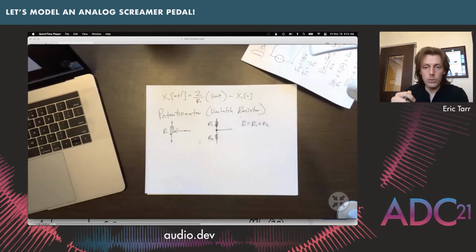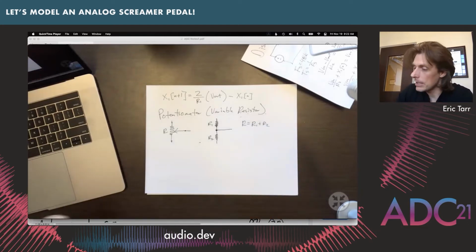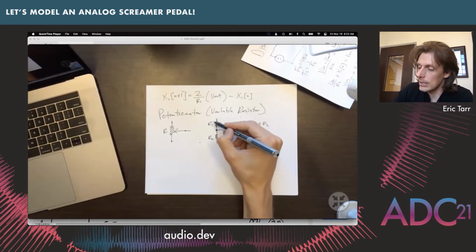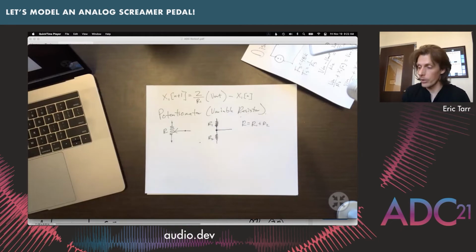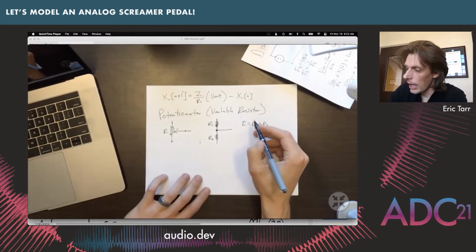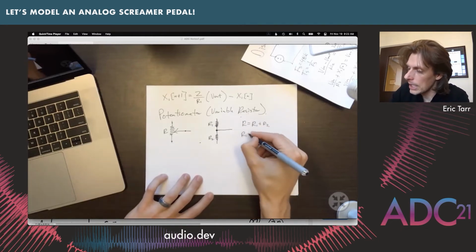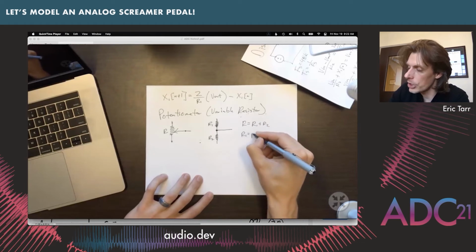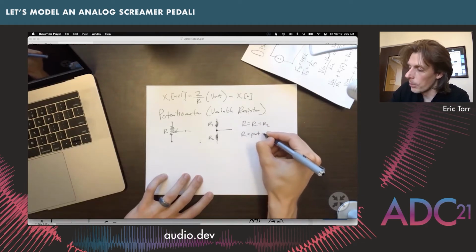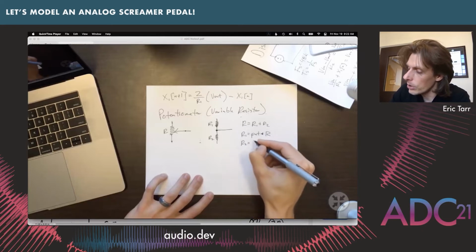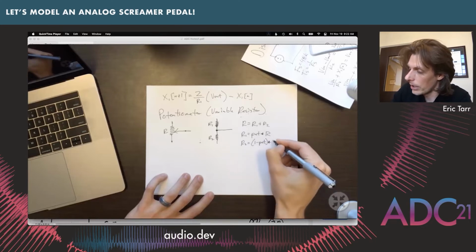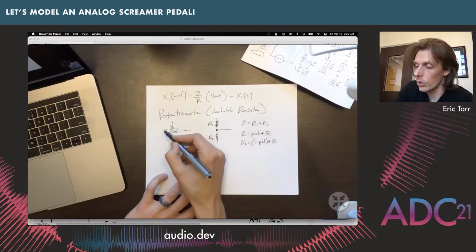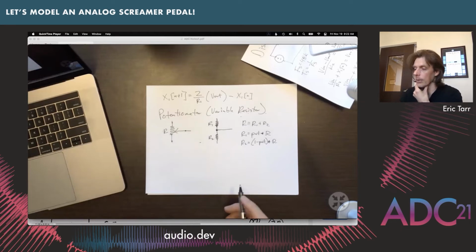Now, what we'll do is we'll have this wiper that changes the resistance of R1 and R2 in a complementary way. So R1 is equal to some value of our potentiometer multiplied by R, and R2 is equal to 1 minus our potentiometer times R. That's our original total combined resistance for the potentiometer.